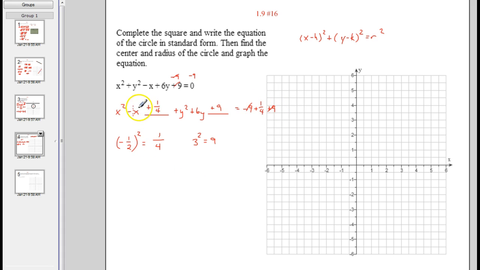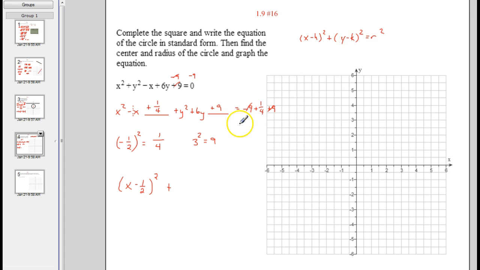And then if you also remember, once you've completed this square, now you're ready to write it in this form: x plus or minus something squared. So what is the thing that joins the x in the parentheses? It's this number, half of the original x term. So x minus a half squared, plus, now we're ready to do the y.